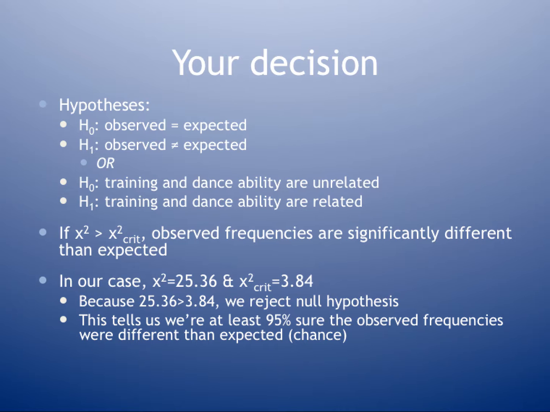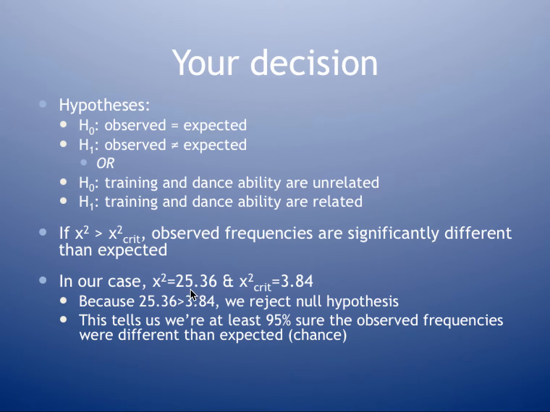So in our earlier example, we had a chi-square value of 25.36. And on the last slide, we saw that the critical value was 3.84. Because 25.36 is greater than 3.84, we then reject the null hypothesis. We say that they are associated.